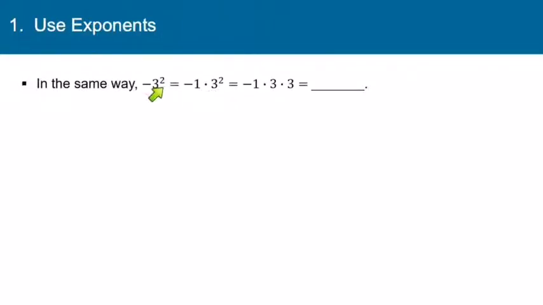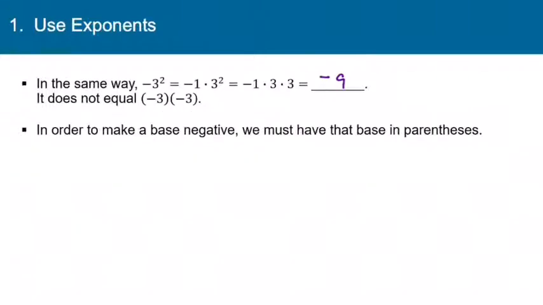So negative 3 squared is negative 1 times 3 squared, so that's negative 1 times 9, so that's negative 9. It's not negative 3 times negative 3, and this is what everybody thinks it ought to be, but it's not. In order to make a base negative, we have to have that base in parentheses.